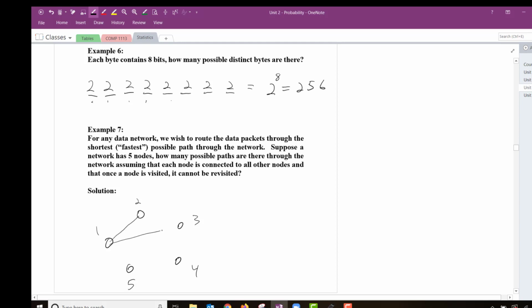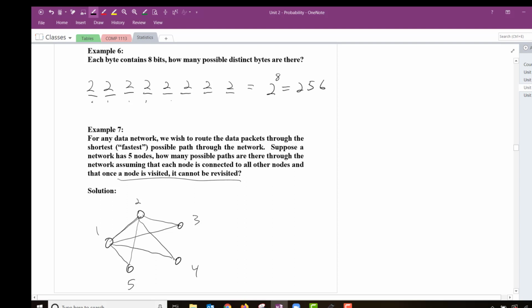It has 4 options. And then after it gets to one of its options, that option will have 3 different places it can go. It says that we can't go back. Yeah, once it is visited, it can't be revisited.